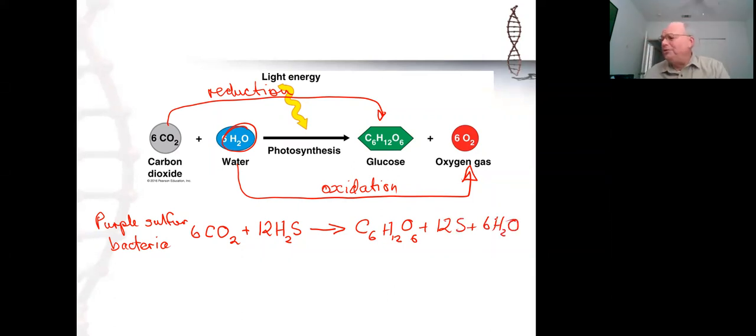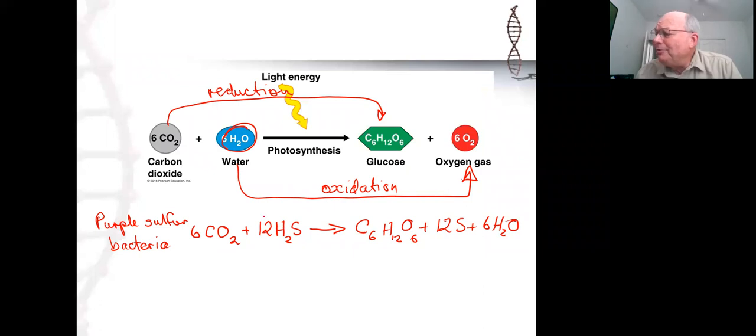So this is the equation that Van Niel figured out for the purple sulfur bacteria. And you can see that it looks almost identical to photosynthesis, with the exception that H2S is performing the role that H2O performs in photosynthesis.